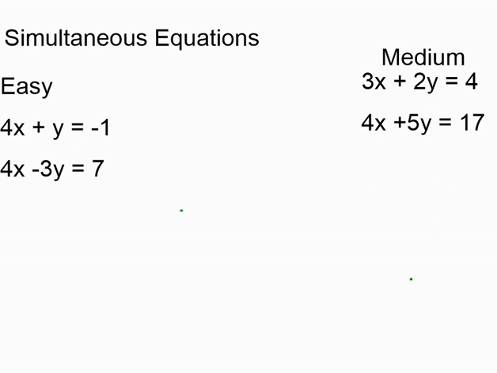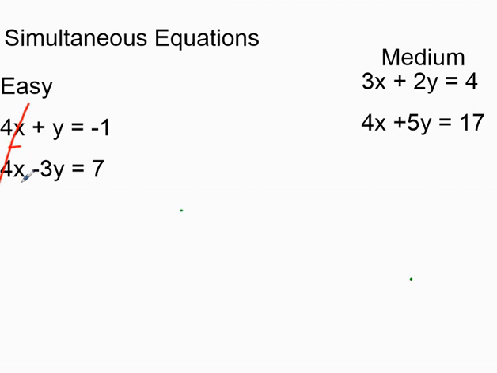This is making it easy because some of the job to calculate this has been done for you. So first things first, we need to eliminate the one that already has the same coefficient here. How do we eliminate it? You can clearly see that 4x take away 4x gives 0. That will eliminate the 4x.